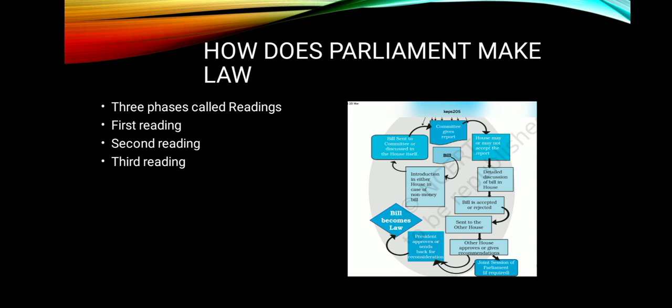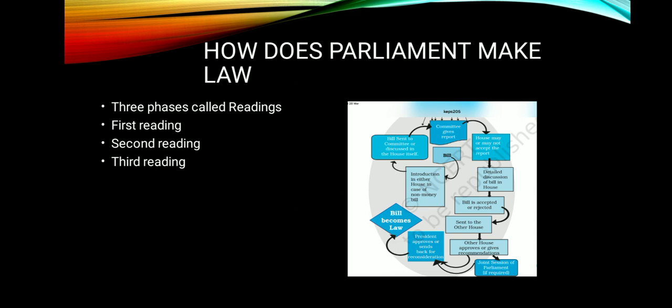The opposition can suggest to the government or the ministers, but it depends on the House whether they accept it or not. But generally, the government accepts the suggestions of the opposition.